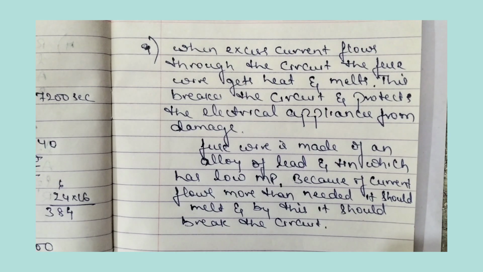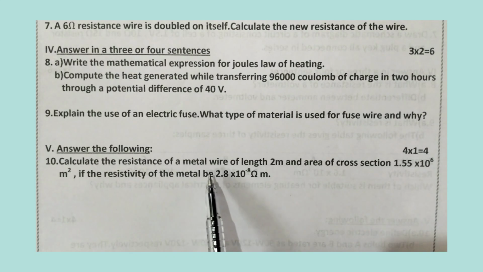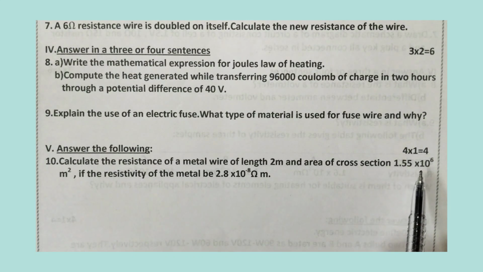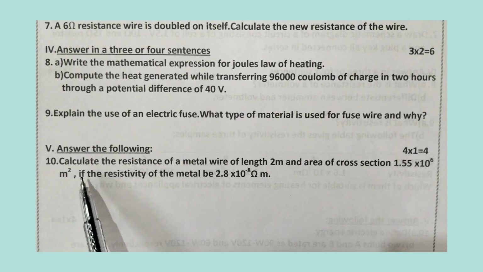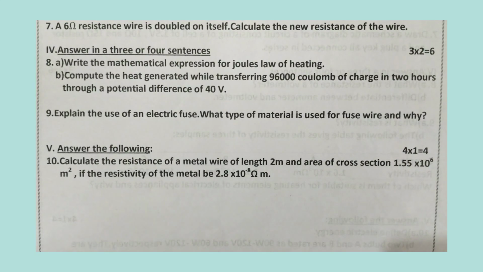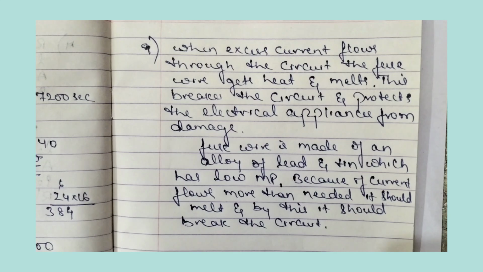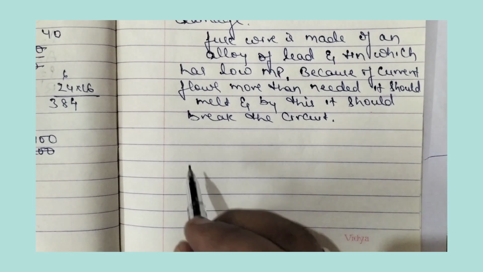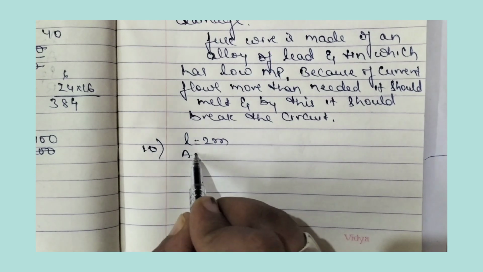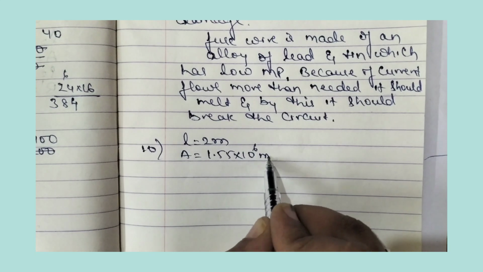So now let us move to the last question of this paper. Calculate the resistance of a material of length 2 meter and area of cross section 1.55 into 10 to the power of 6 meter square if the resistivity of the metal is 2.8 into 10 to the power of minus 8 ohm meter. So what they have given, let us make a list, and this is the last question. So 10th one. Length given as 2 meter, area given as 1.55 into 10 to the power of 6 meter square.